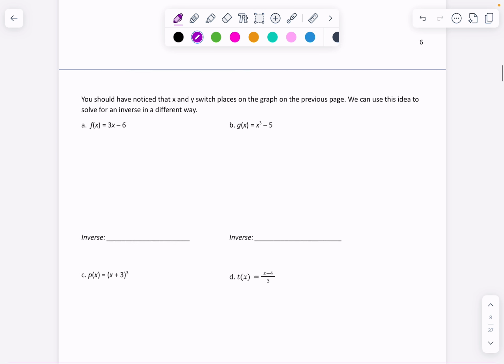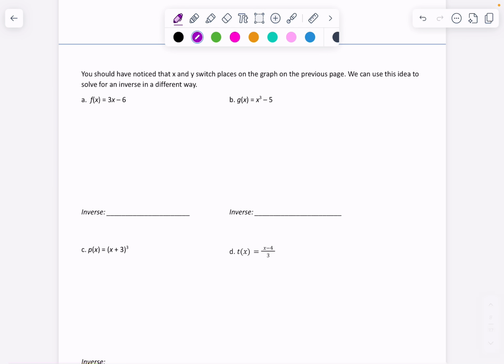All right, so we should have noticed that our x and y switch places, our x and y coordinates are switching places on the graphs of our previous page. So we can use that idea as an alternate way, a more algebraic approach to always solve for an inverse function. So what that's gonna look like is we wanna first think of this f of x as a y just because we've been talking about y's and x's.